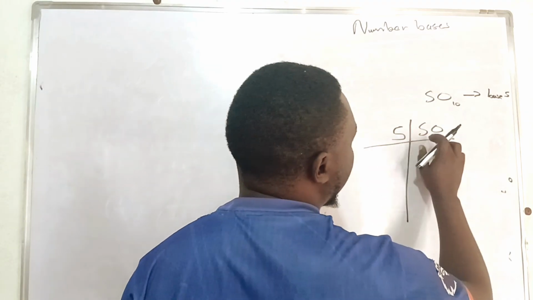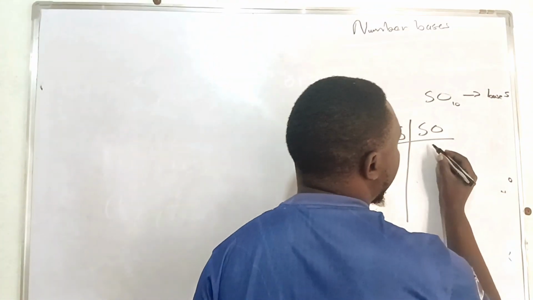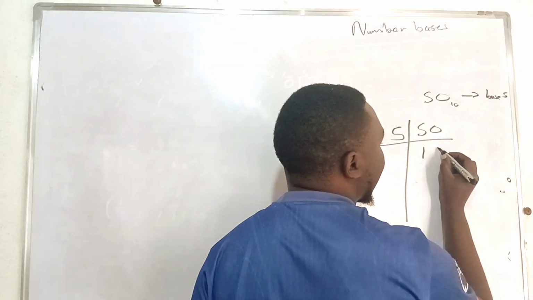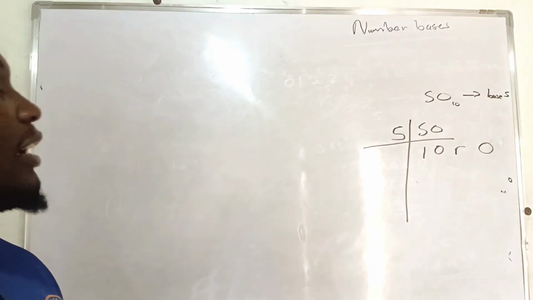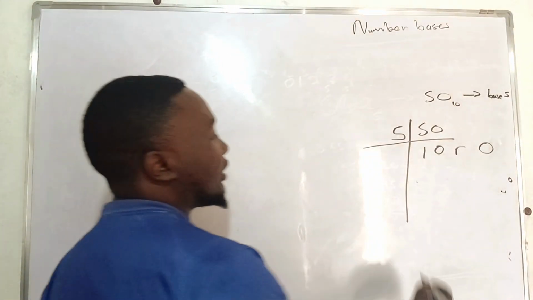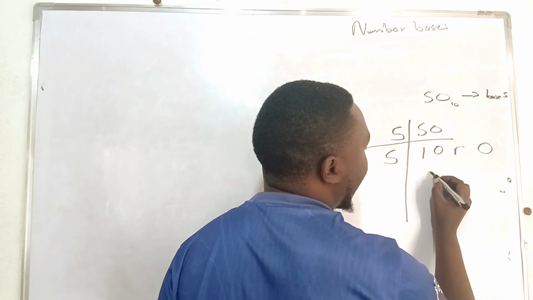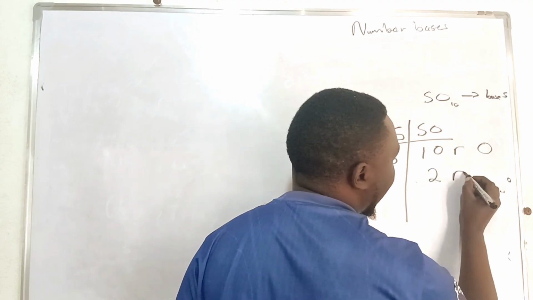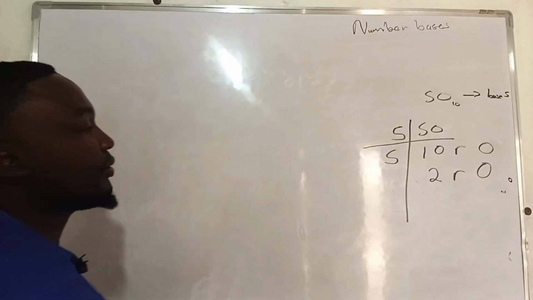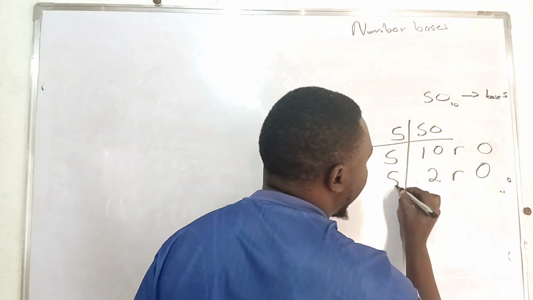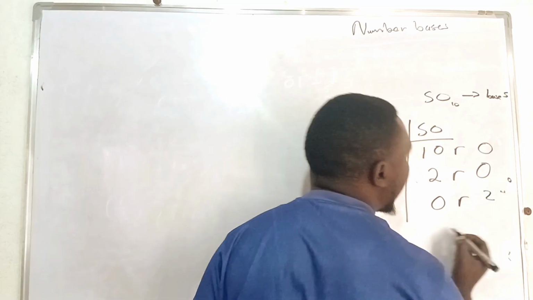So 5 into 50, that's 10, remainder 0. Then 5 into 10, that's 2, remainder 0. Then 5 into 2, that's 0, remainder 2.